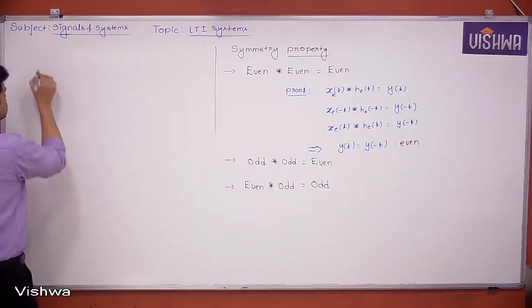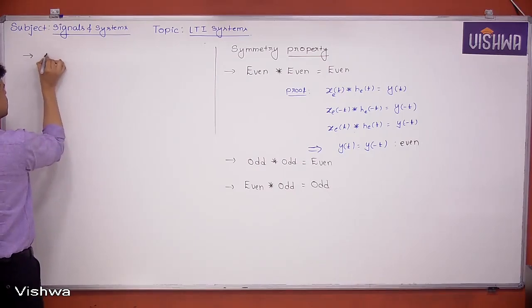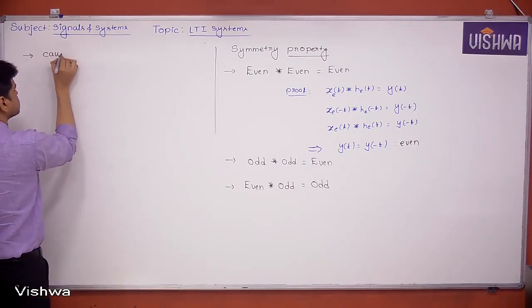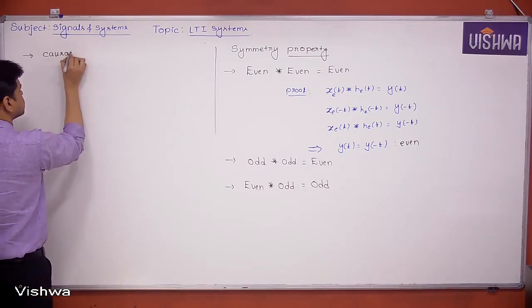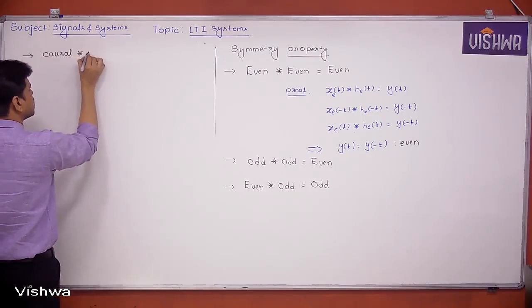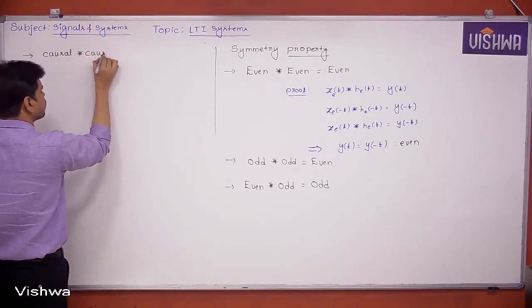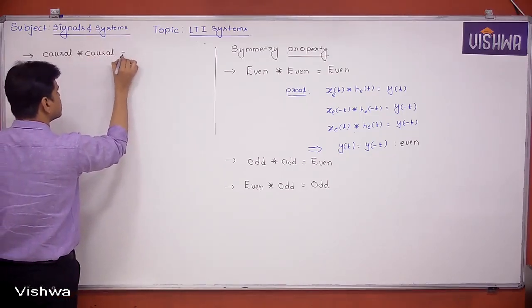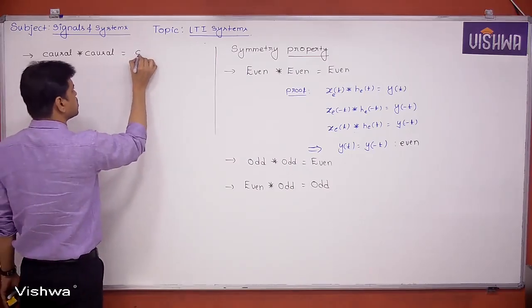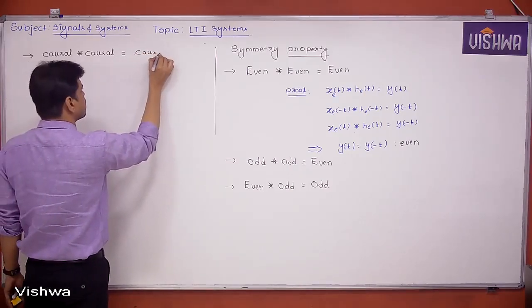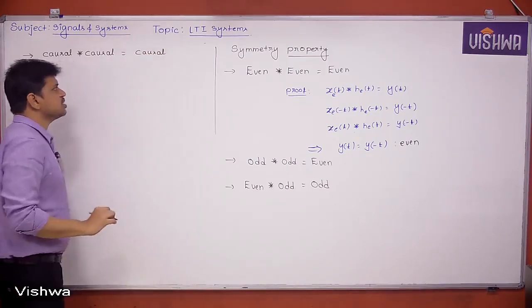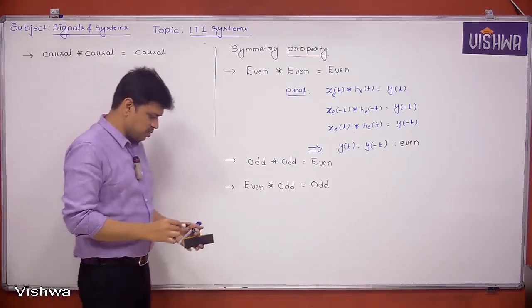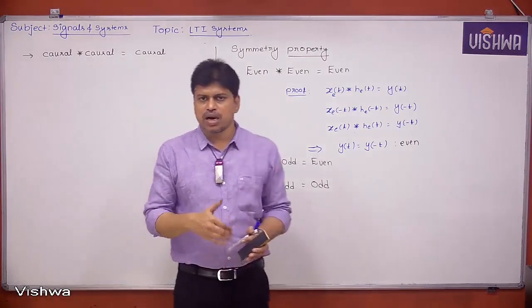Suppose you take a causal signal convolved with another causal signal, what is the result? It is always causal. How can we say this? Try to understand. What is the meaning of a causal signal?